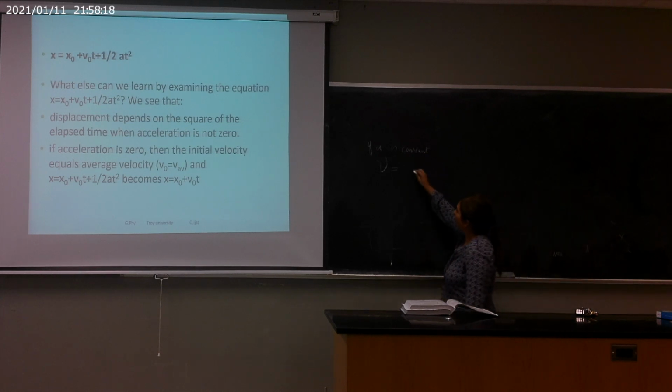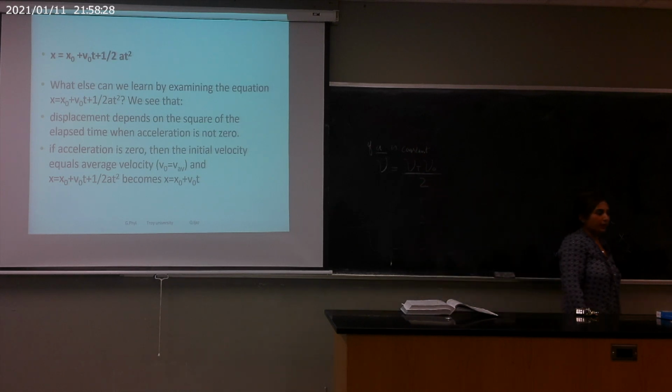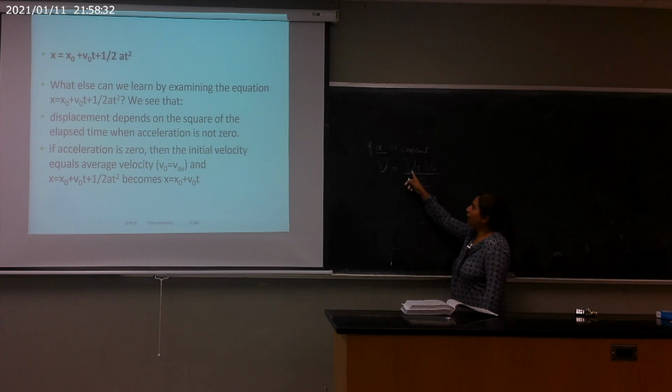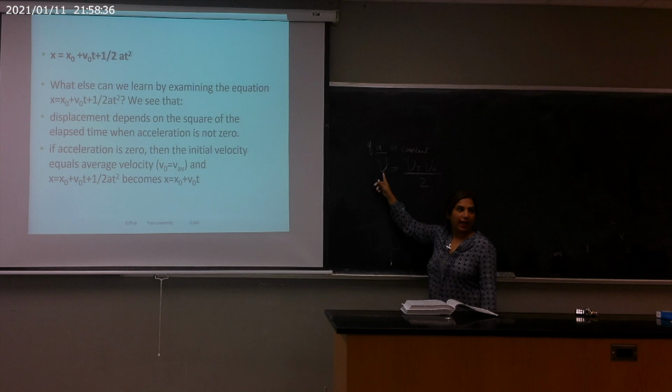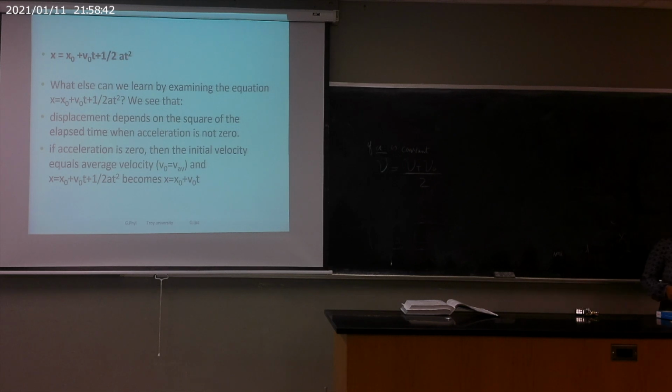If a is constant, this should be true as well. That means the average of the final velocity and initial velocity should be equal to the average velocity only if the acceleration is constant. That means it's changing at the same rate every time.